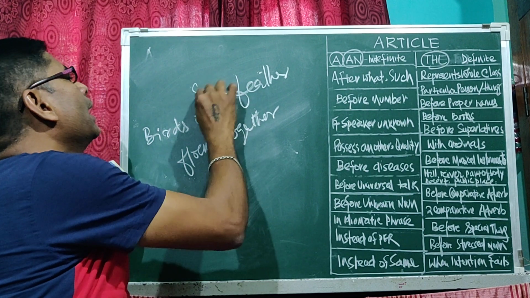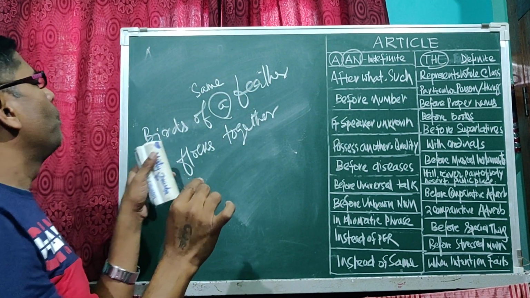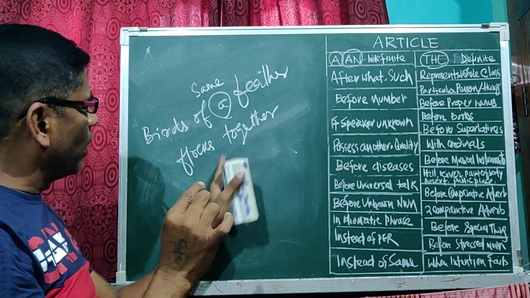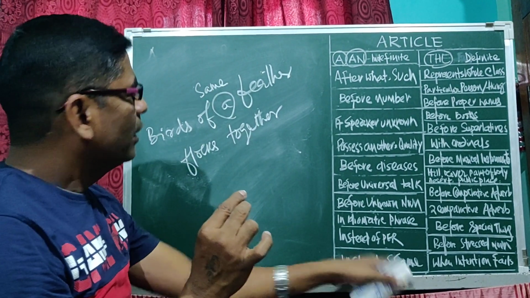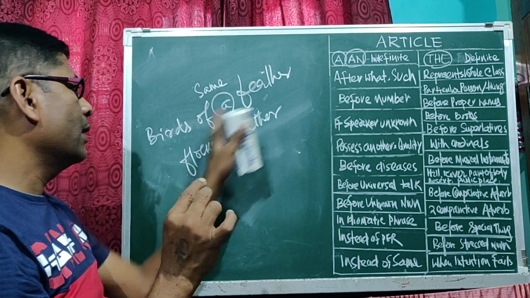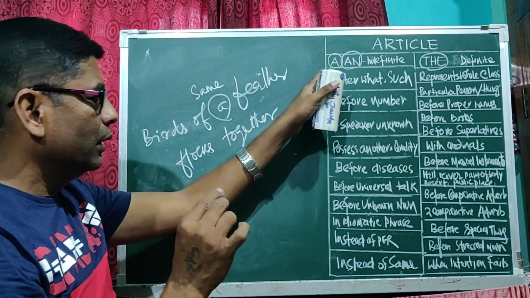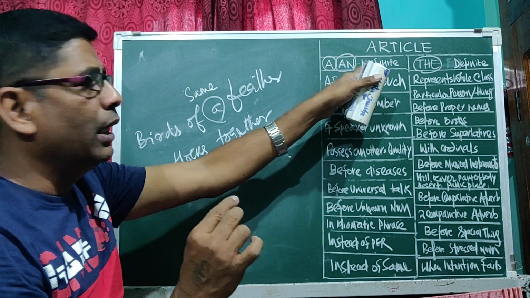Here, A represents the word same. Birds of the same feather flock together. Instead of same, we can use A. This is all about the indefinite article.